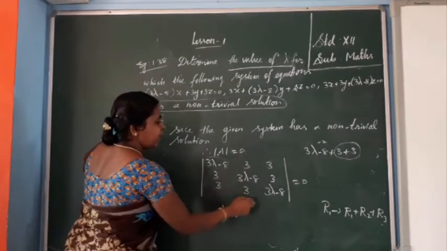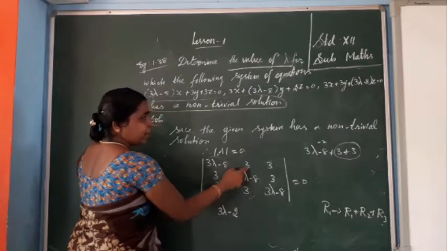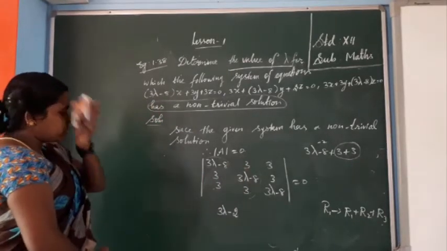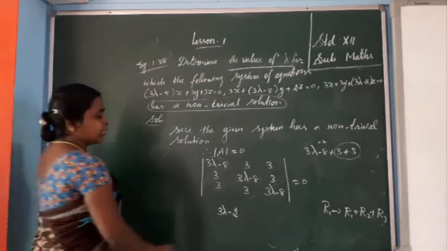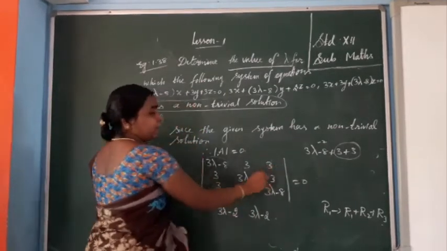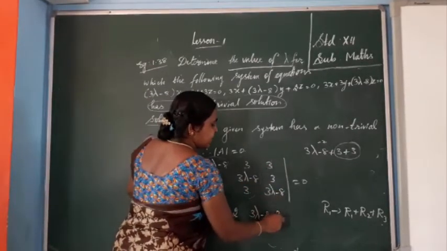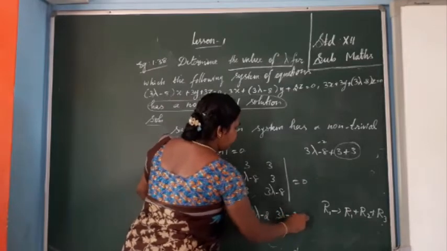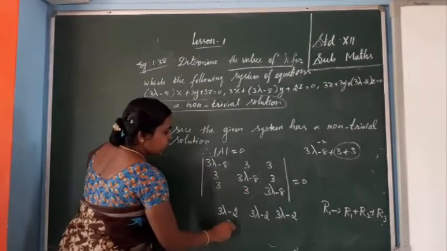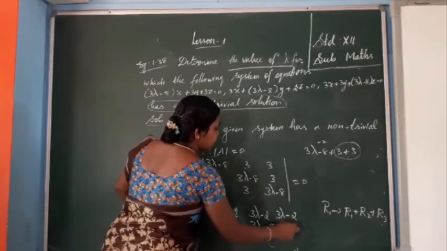Same for the next value: 3 plus 3 lambda minus 8 plus 3. 3 plus 3 is 6, 6 minus 8 is minus 2, so 3 lambda minus 2. Next one, again 3 plus 3, 6, and 6 plus 3 lambda minus 8 is 3 lambda minus 2. Next, the second row is unchanged: 3, 3 lambda minus 8, 3.